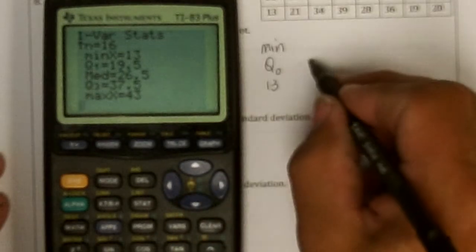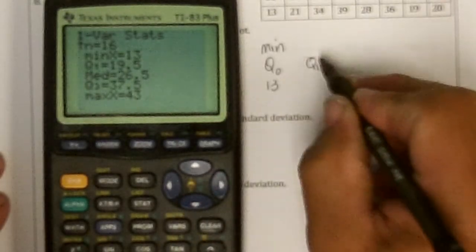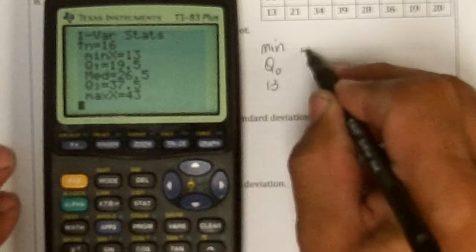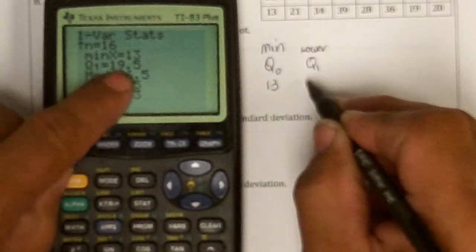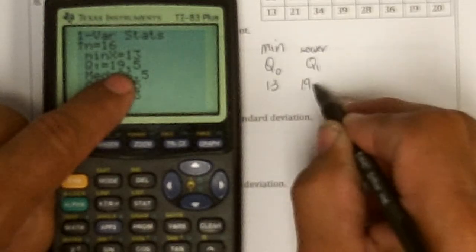The first quartile, Q1, or the lower quartile, is 19.5.